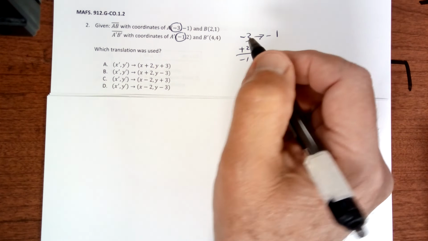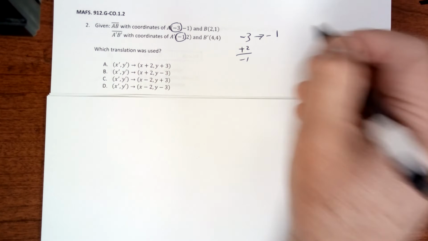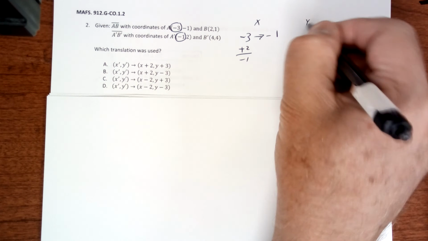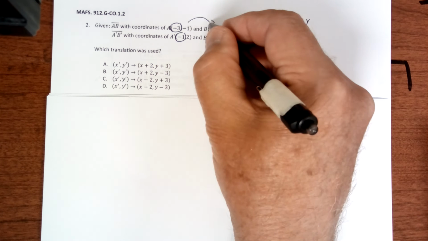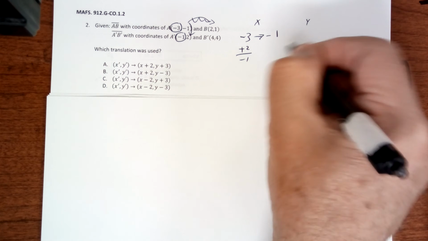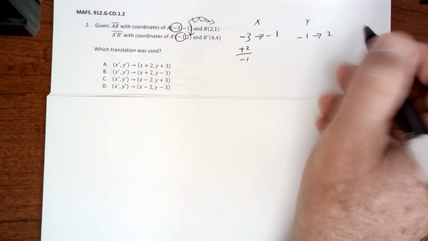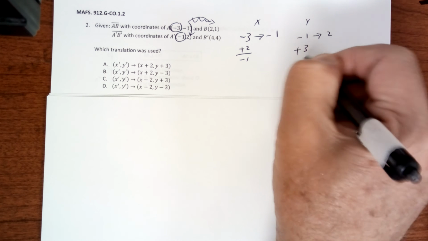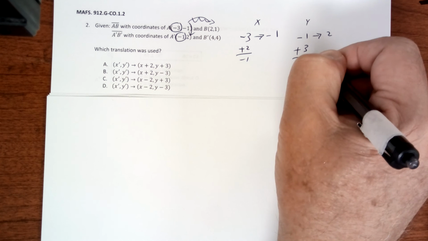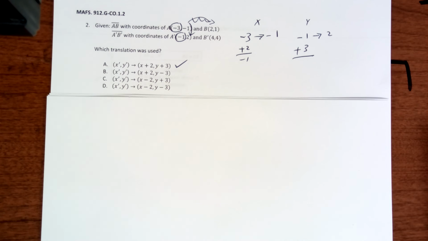So it's got to be one of these. Now let's look at the y. For the y, you're going from -1 to +2. The only way you can do that is with adding 3. So that one you want to do a +3. And we want to go with A on that one. And there it is. And that's how you do it, okay?